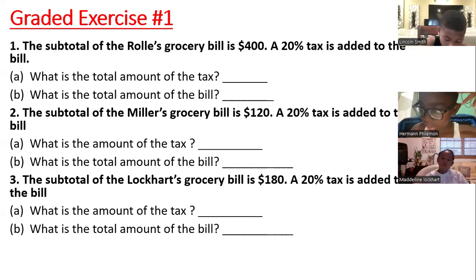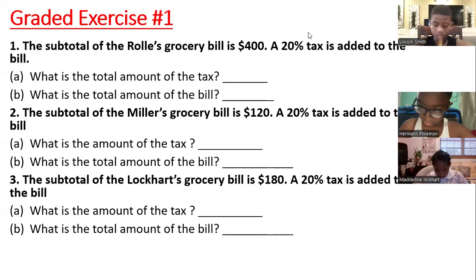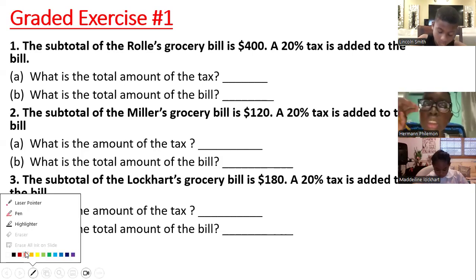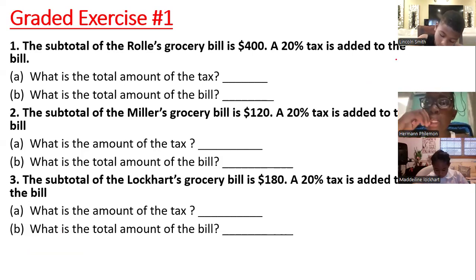I'm on number 3, Mr. Petit. That's good. Herman, where did you get the 30 from? Herman, write this down for me.